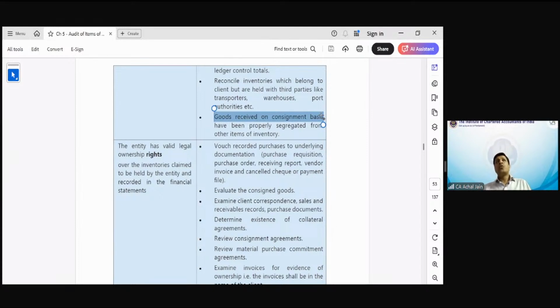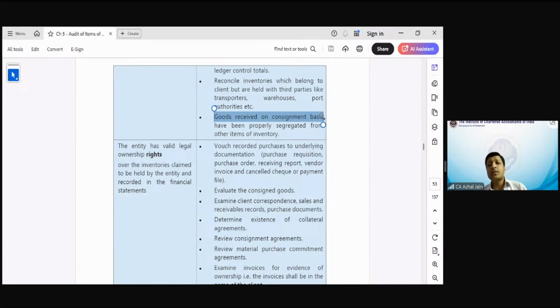If you don't have the comfort that the inventory physically exists or not, what will happen in terms of your conclusions? Inventory is generally a key item in the financial statements.